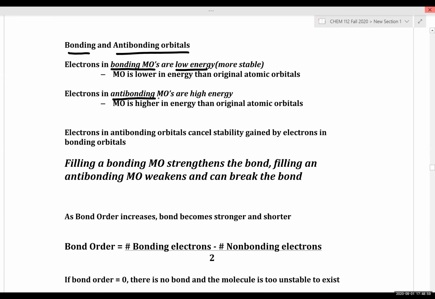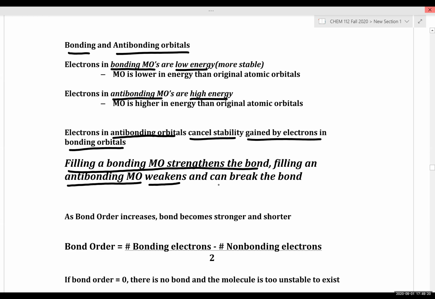Electrons in antibonding molecular orbitals are high in energy. So electrons in antibonding orbitals will cancel the stability gained by electrons in bonding orbitals. In other words, filling a bonding molecular orbital strengthens the bond. Filling an antibonding molecular orbital weakens and can break your bond.